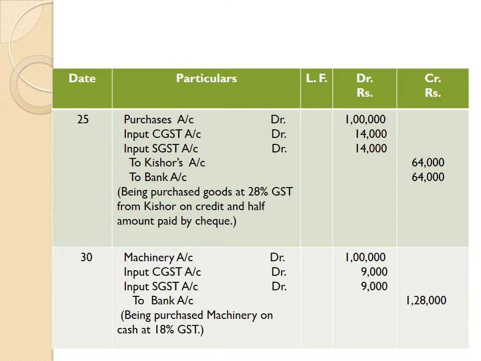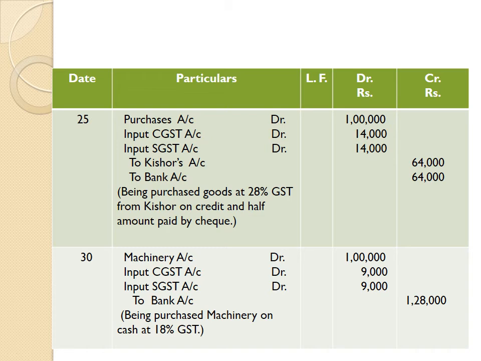Goods purchased 1 lakh from Kishore, with GST on it at the rate of 28%. So 28% of rupees 1 lakh came to rupees 28,000.